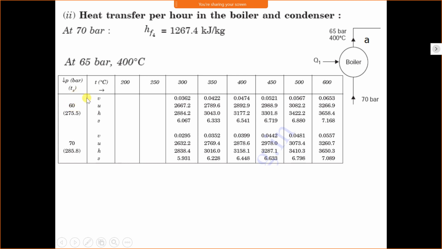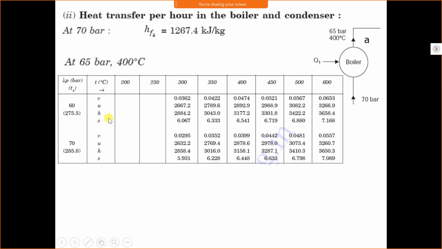look here, I have taken this image from the steam table. In the steam table 60 bar is given, 70 bar is given, 65 bar is not given. Therefore we have to take the average value of 60 and 70.